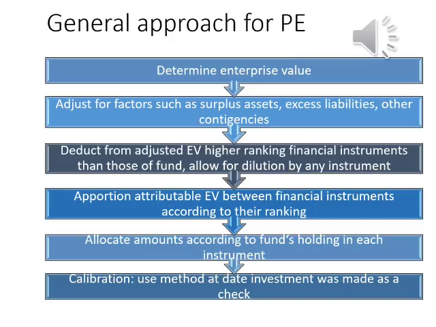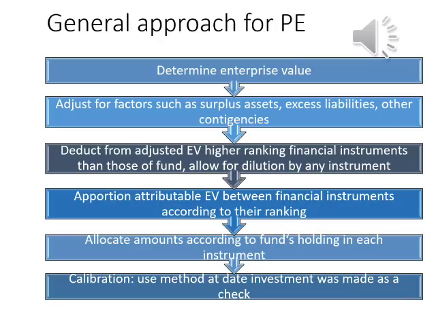Then deduct from the adjusted enterprise value any higher ranking financial instruments than those of the fund and allow for a potential dilution by any other further instrument. Then apportion the attributable enterprise value between the financial instruments after the higher ranking ones have been deducted, and apportion this value according to their ranking. Then allocate the amounts according to the fund's holding in each instrument.